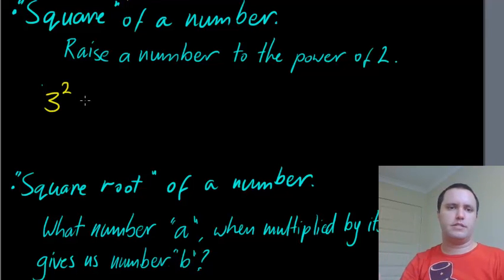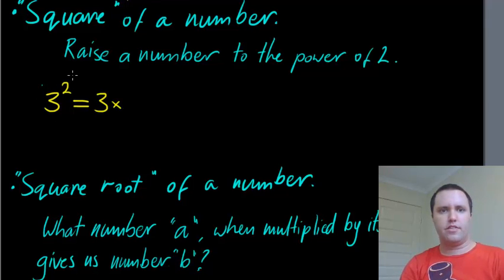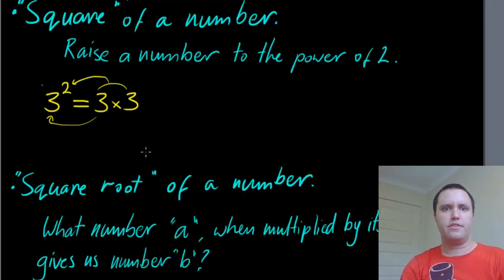I've seen a lot of mistakes happen, but remember that this means it's the same thing as the bottom factor multiplied by itself this many times. So 3 times 3. The 3 comes from this thing here, and the fact that there are 2 of them comes from this one here. Now you might be thinking, duh, but so many problems with this one. So 3 times 3 is 9.